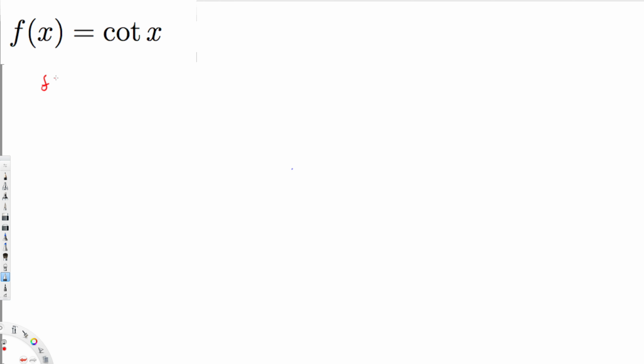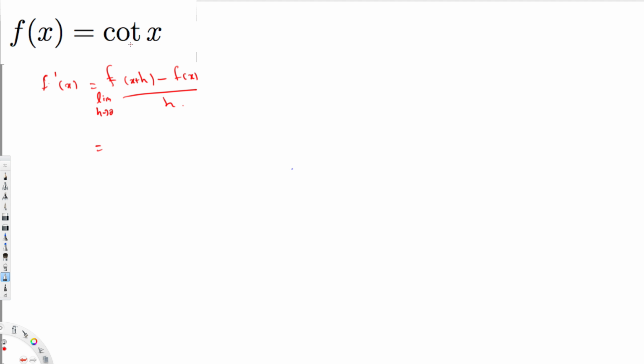It's going to be f prime x. f prime x is equal to the limit as h approaches 0 of f of x plus h minus f of x over h.